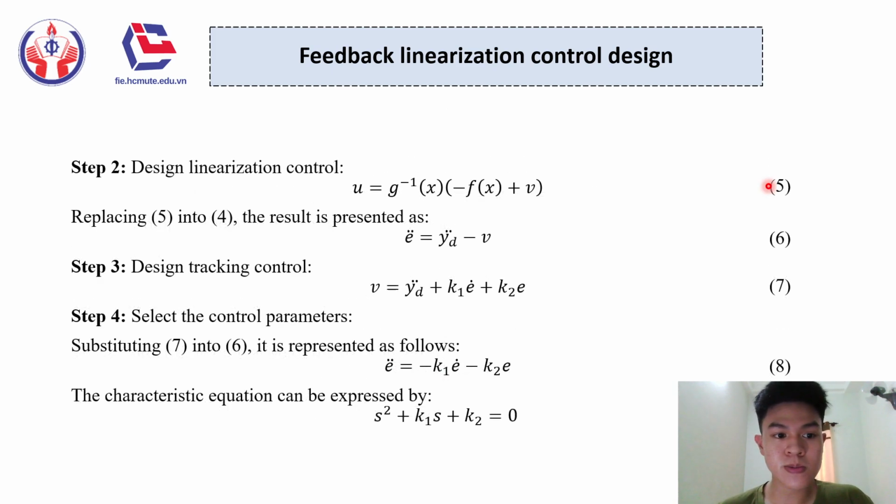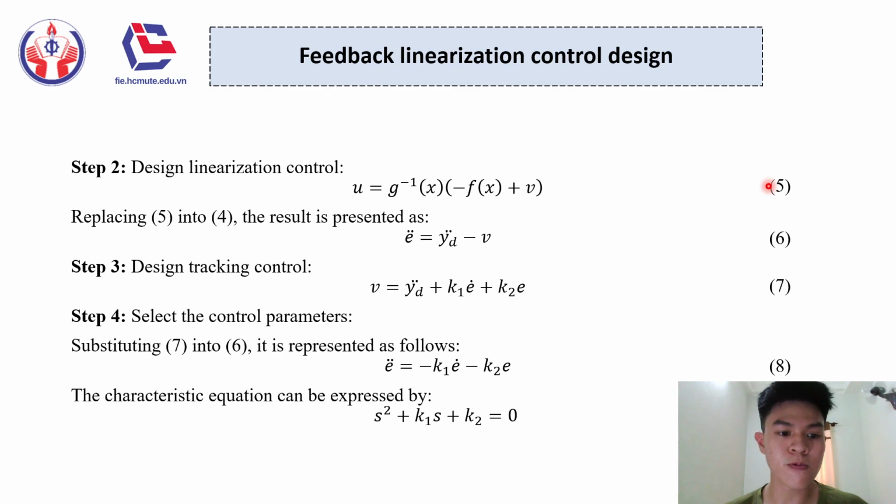Now come to step 2, design the linearization control. We have equation number 5, u equals g(x) to the power of minus 1 times minus f(x) plus v. And by replacing number 5 into number 4, the result is presented as e double dot equals yd double dot minus v.